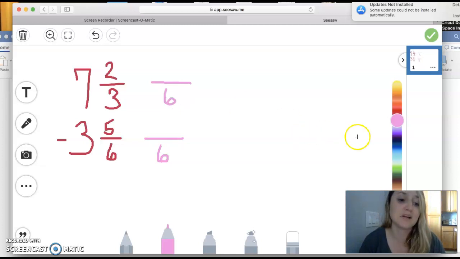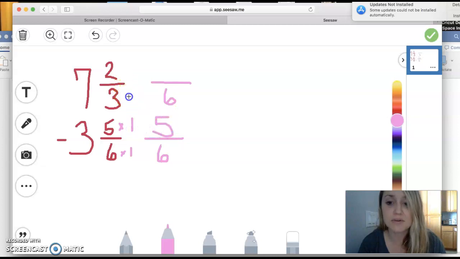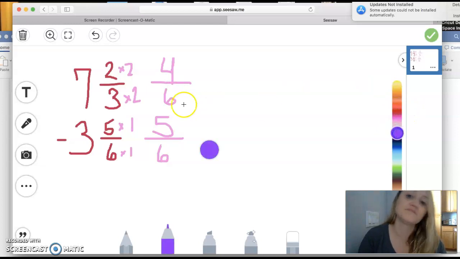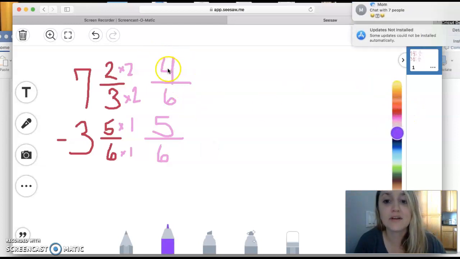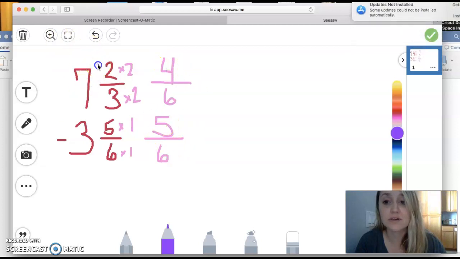It's just, again, it's better to use the least common multiple as your common denominator, because then you're working with smaller numbers, which is always nice. So whatever you do on the bottom, you must do on the top. Okay, so here, again, we have a smaller numerator here and a bigger denominator, so we need to borrow from our whole number.